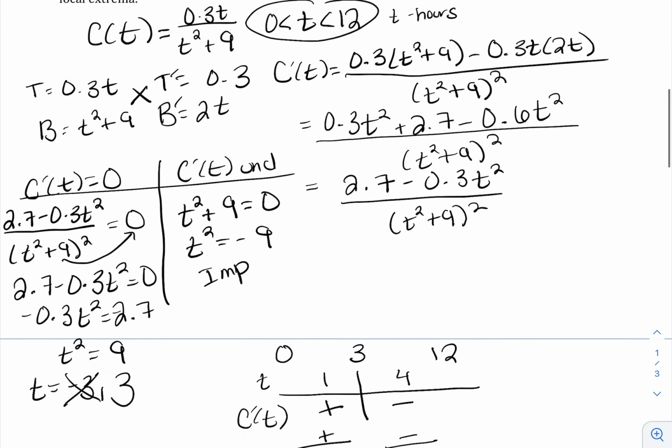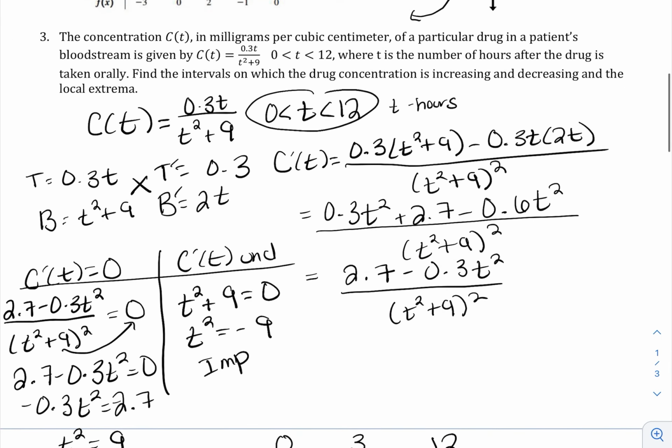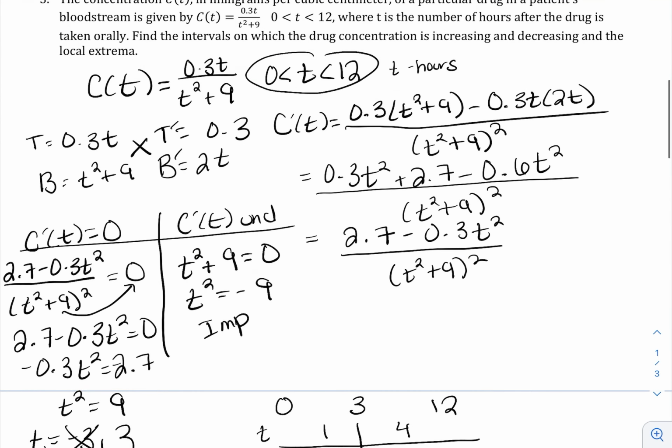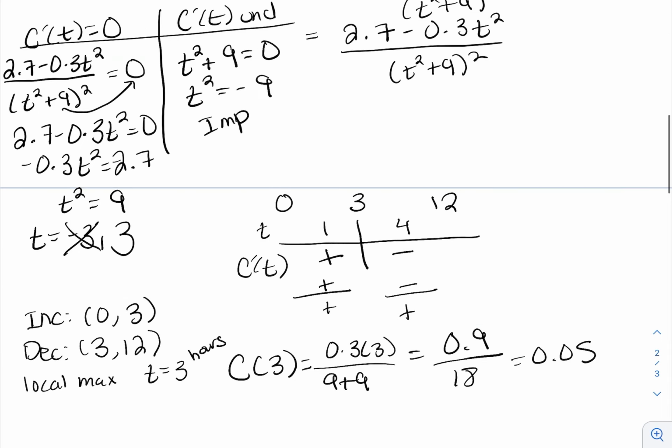And we are in milligrams per cubic centimeter, okay? So you have a local max at 3 hours, and the highest that the drug concentration is going to get is 0.05 milligrams per cubic centimeter.